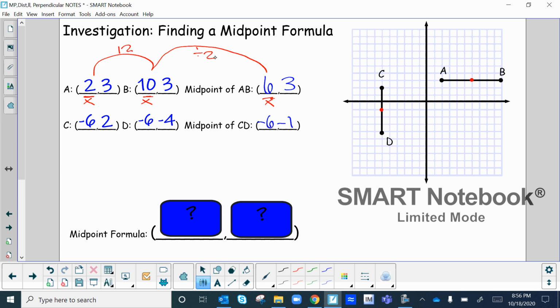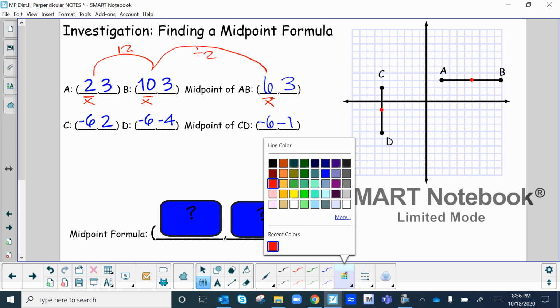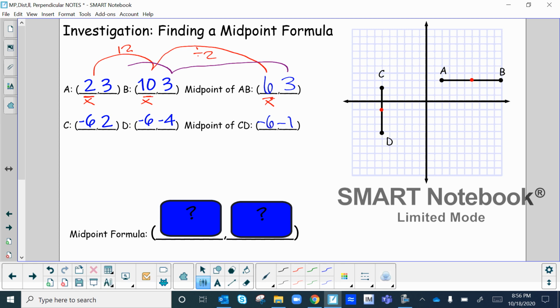And so if you look at that in terms of the 3, how is the 3 related to that 3 and that 3? Well, 3 plus 3 is 6. And when you divide 6 by 2, that gives you also 3. So let's make sure it works for the other ones as well. So -6 plus -6 is -12.